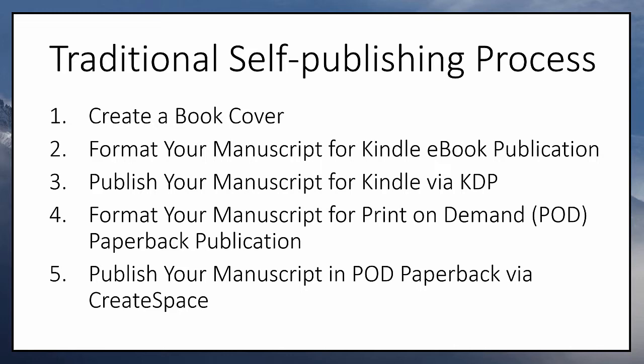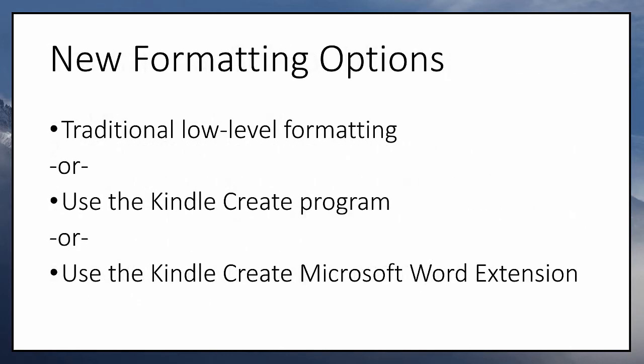Now, as I say, things have changed over the years. First, there are new formatting options. There's the old traditional low-level formatting option, which I like because you have complete control over everything and understand what you're doing. Or you can now use the Kindle Create program, which is a standalone program that'll format your manuscript for publication, or use the Kindle Create Microsoft Word extension if you prefer to work within Word.